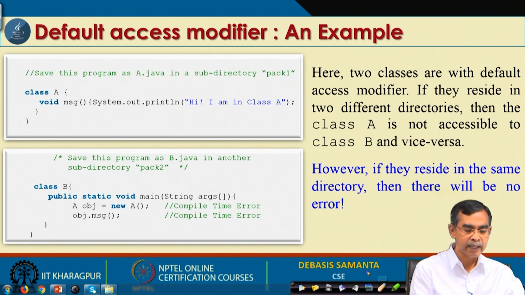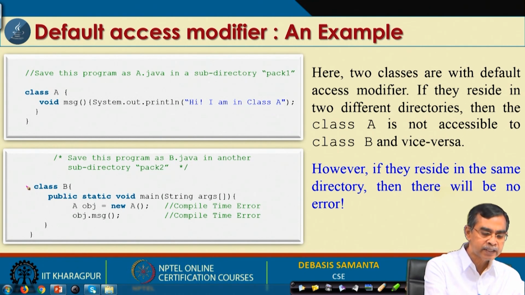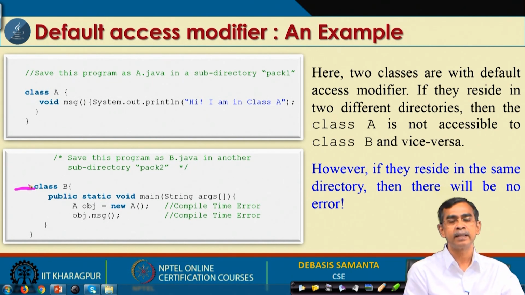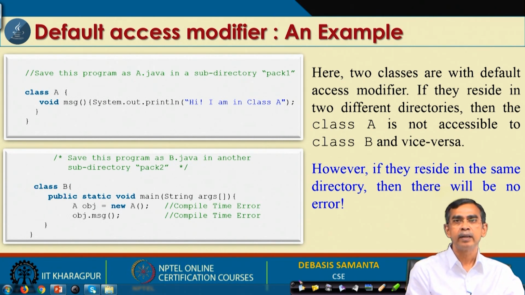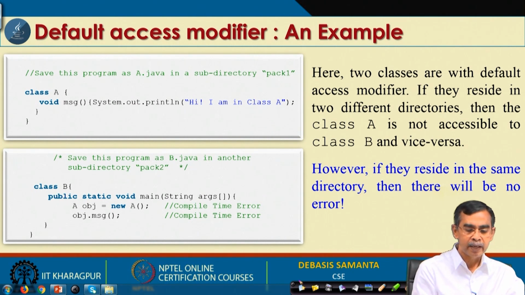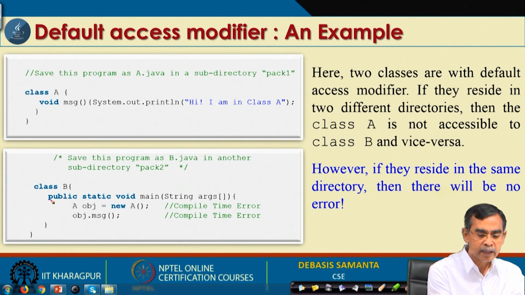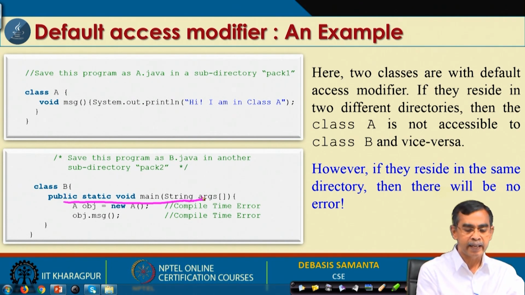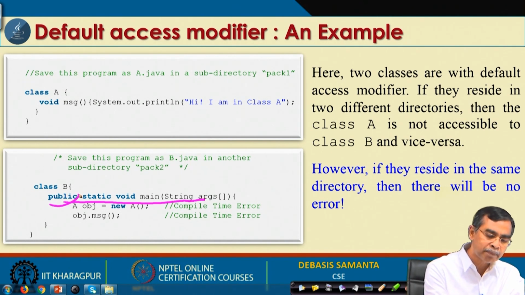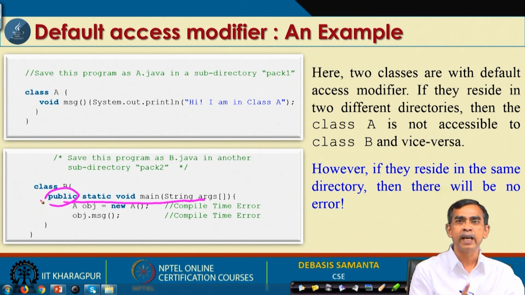Now, let us come to class B again. Here there is no access specification, so it means that class B also has the default access specification. Now, this is the usual method, public static void main, as we have already discussed. Here we always have to mention the public access specifier, this is obvious, and you have to do it without any hesitation, because without it no one can run the program, particularly the main class.